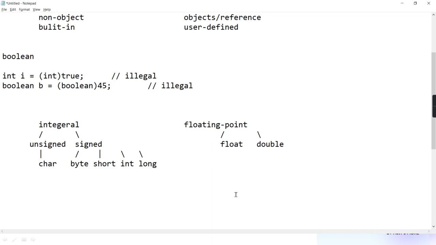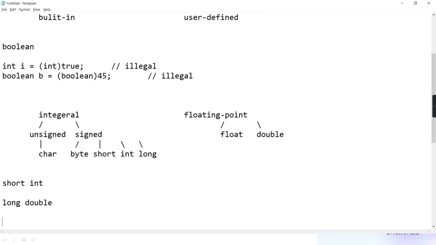Getting? And the speciality of Java is that none of these data types can be used in combination. But can we use them in combination in C? Like this, can I write short int? In C, can I write long double? Can I write long int?